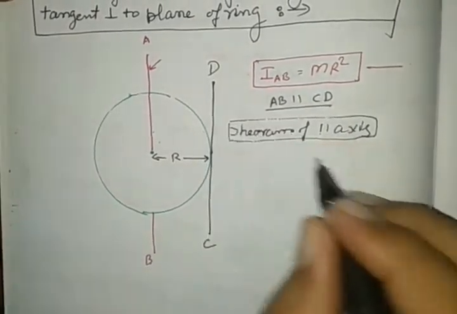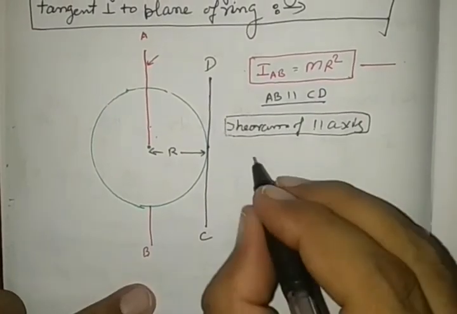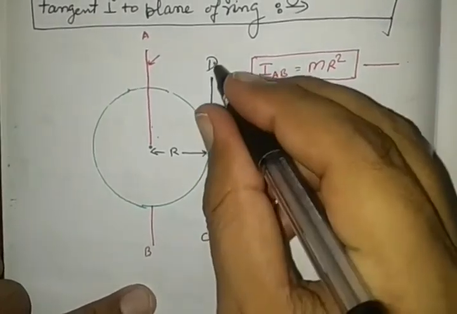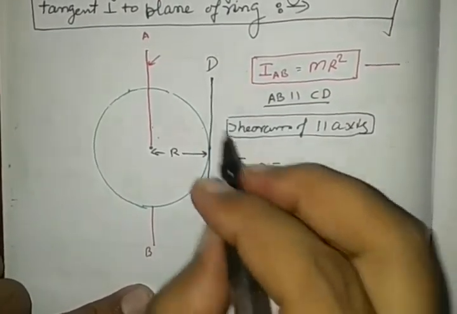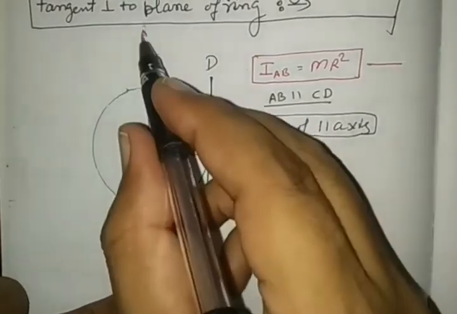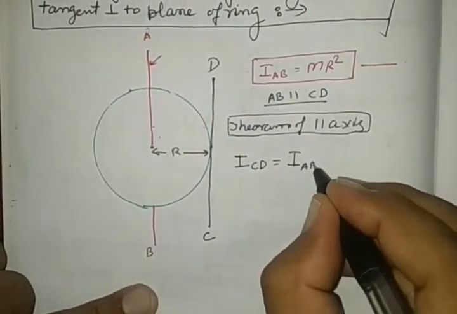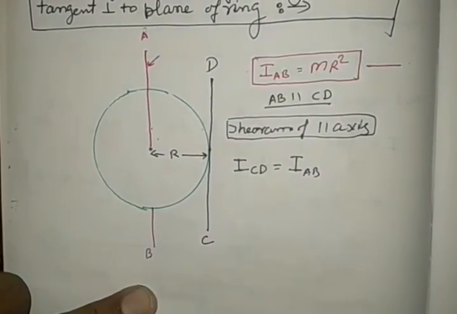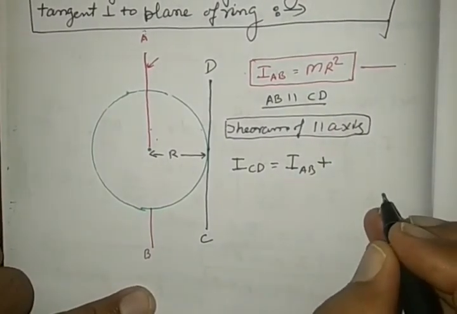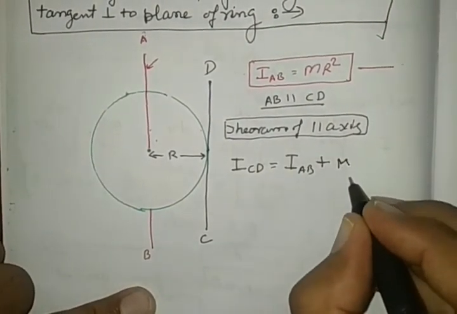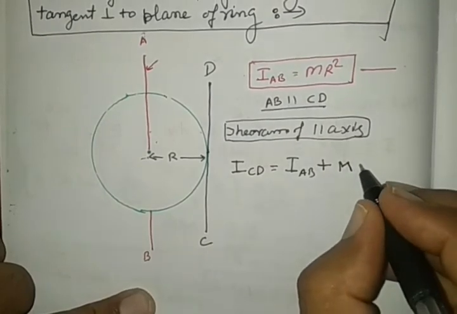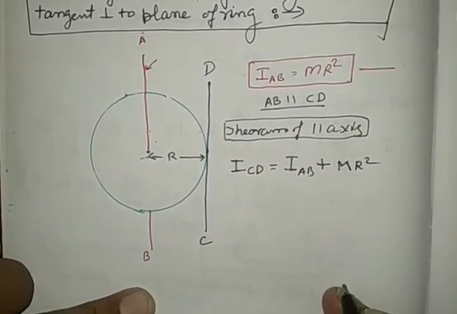What does the theorem of parallel axis say? The moment of inertia around a given axis of rotation is equal to the moment of inertia about the center of mass, ICM, plus the mass of the ring times the square of the distance between both parallel axes, mr square.